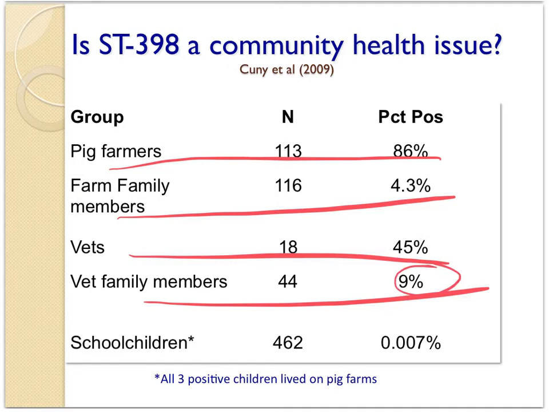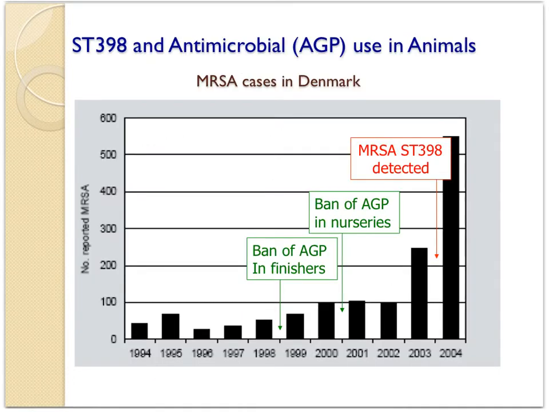The study also used a negative control, school children, but there were 3 positive children and they all lived on pig farms. So not such a good negative control, but it still shows the extent of the association with pig farms. But that's again a European case, not really throughout the world.